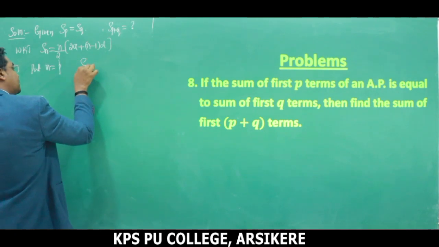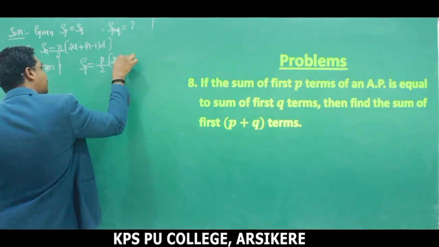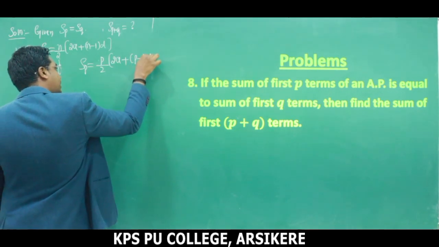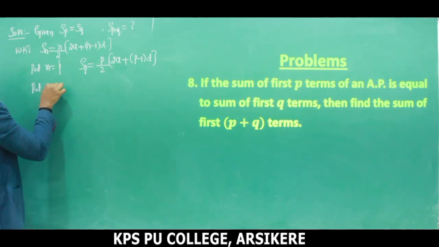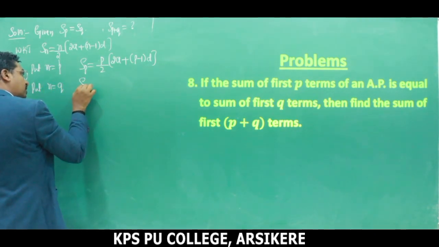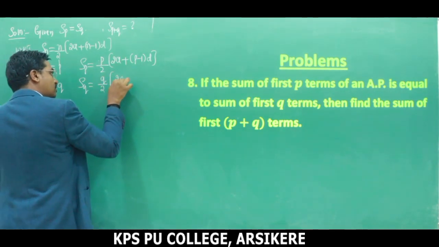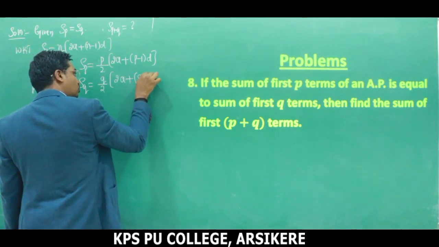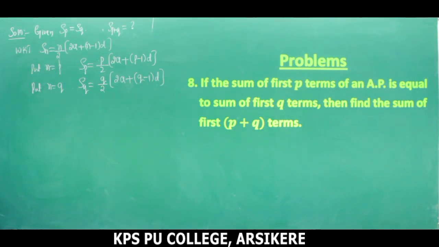So Sp is equal to p divided by 2 times 2a plus p minus 1 into d. Similarly put n is equal to q, Sq is equal to q divided by 2 times 2a plus q minus 1 into d.